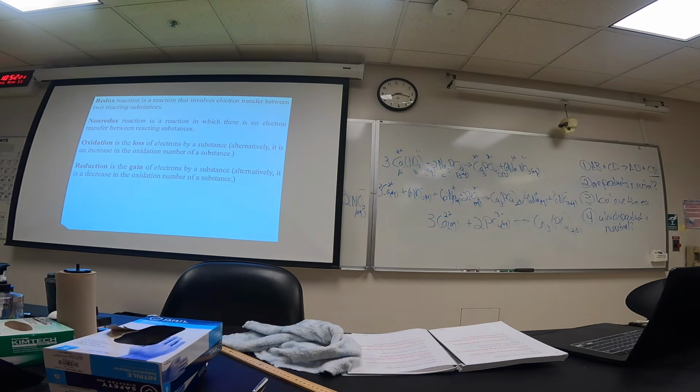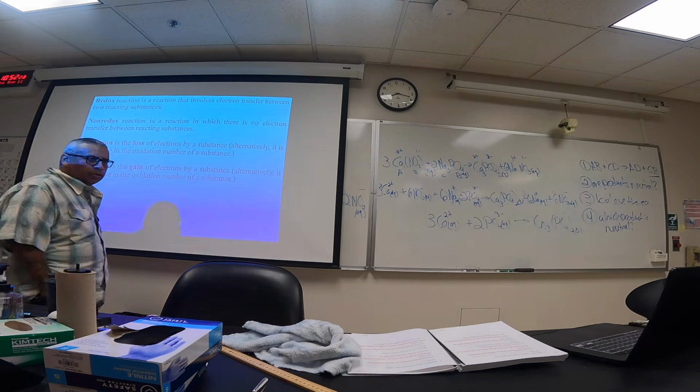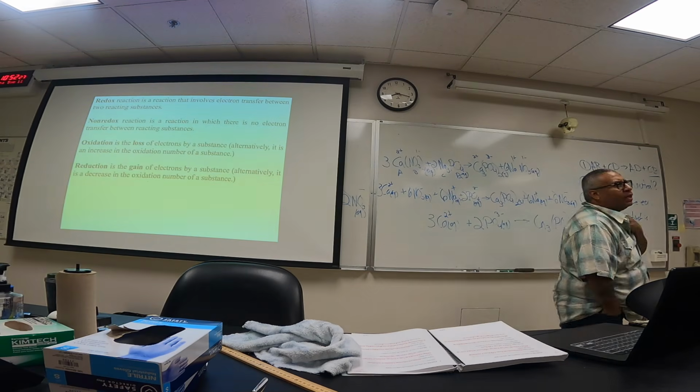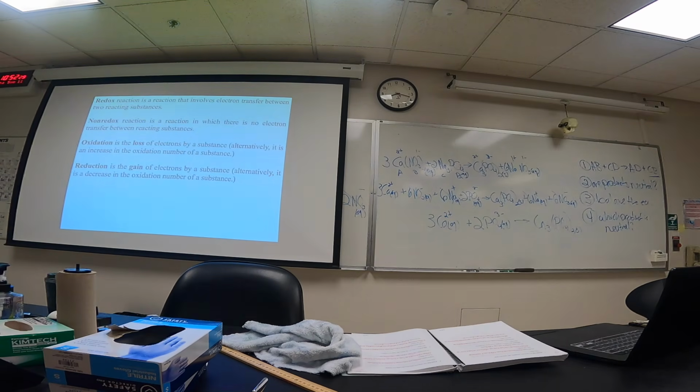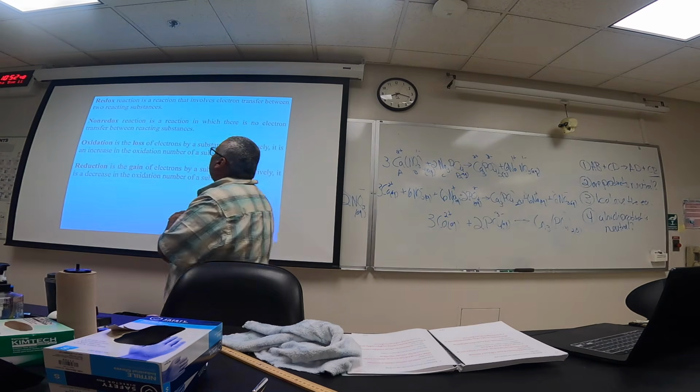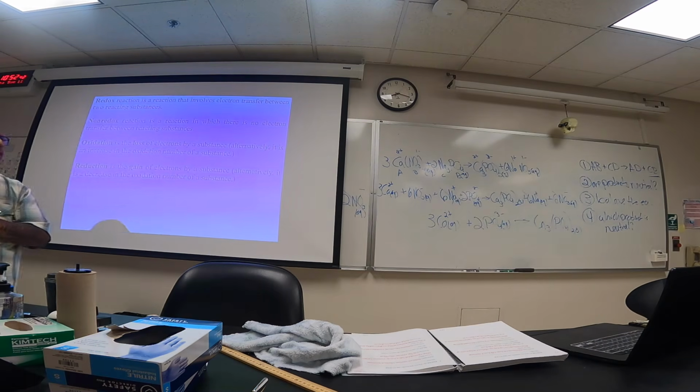All right. We'll talk about what we call redox reactions. So redox reactions involve electrons that are being shifted around. We've seen moving electrons around as we're putting elements together, or compounds together, net ionic, or ionic compounds. So redox reactions and non-redox reactions.